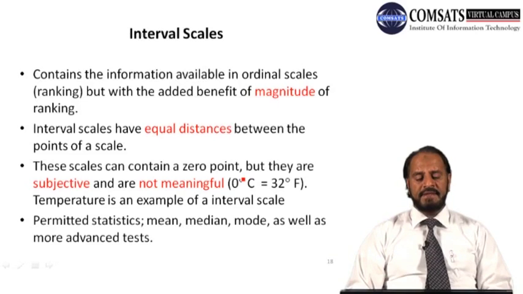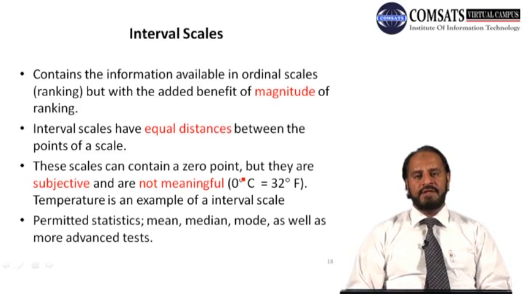The interval scale has equal distance between the points of the scale, and these scales can contain a 0 point, but it is subjective and not meaningful. Although you might find in some of these interval scales the value of 0 being used, it is very subjective. It's not an absolute 0. And the typical example for this kind of scale is temperature.